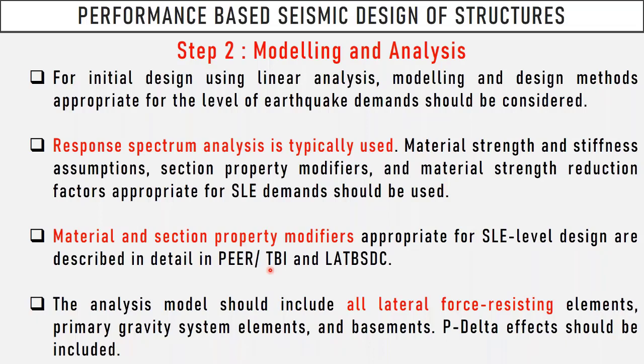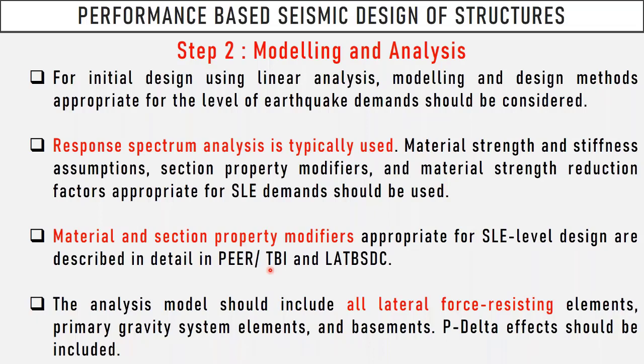In some approaches, in some design procedures, some engineers model just the lateral resisting system, or they categorize their structural members like lateral system, primary gravity system, secondary gravity system, and so forth.